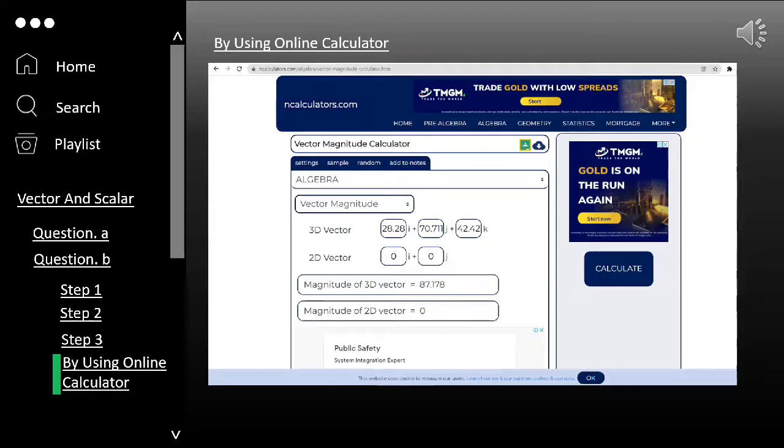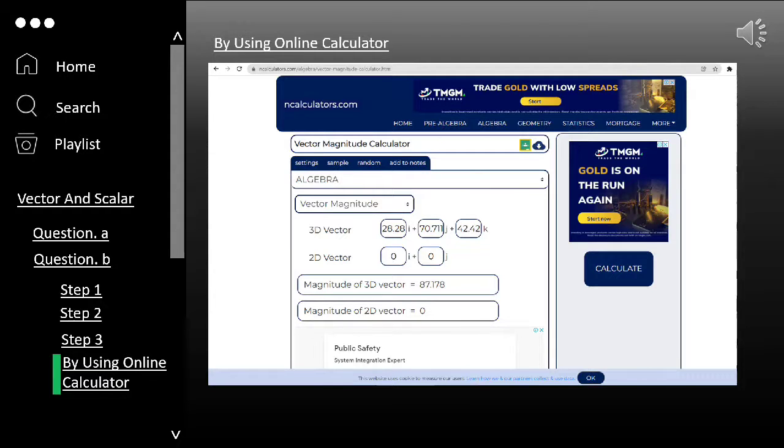So to compare the equation that we made with the calculation in an online calculator, or the modern method, the F vector we get from the calculation is 20 square root 2 I plus 50 square root 2 J plus 30 square root 2 K. We put it on ncalculators.com. This is to calculate the magnitude.